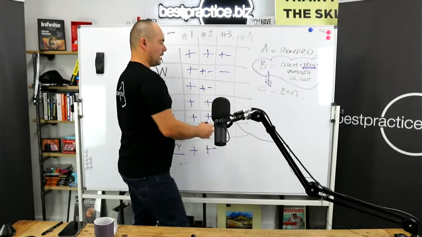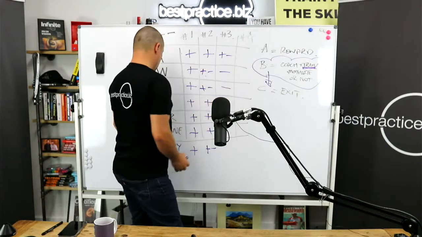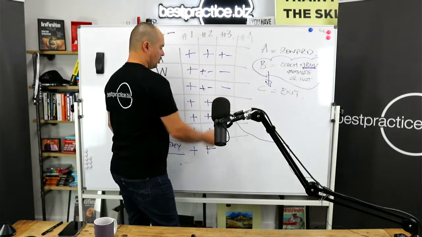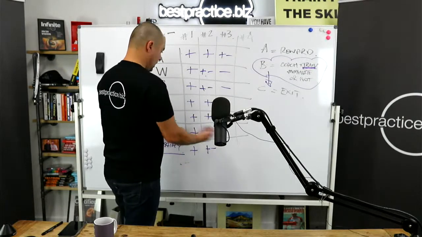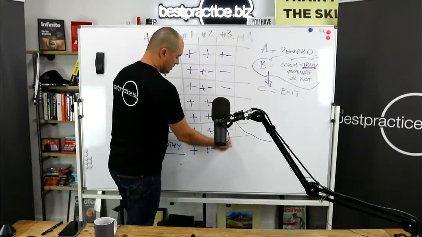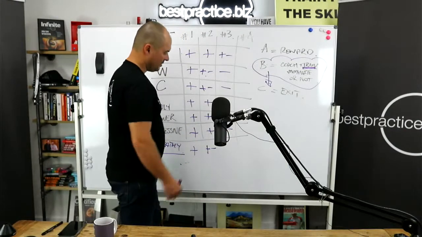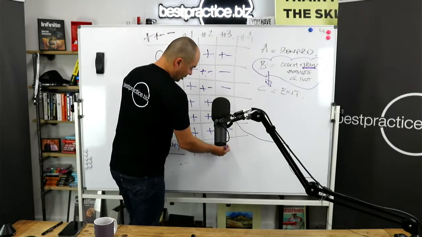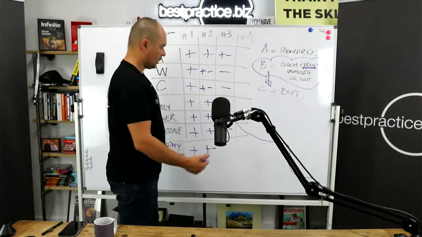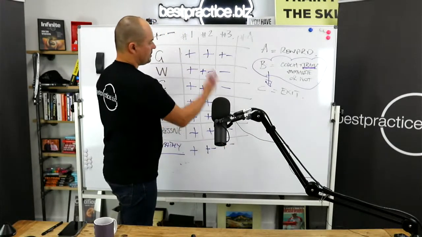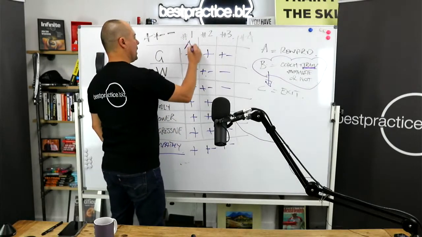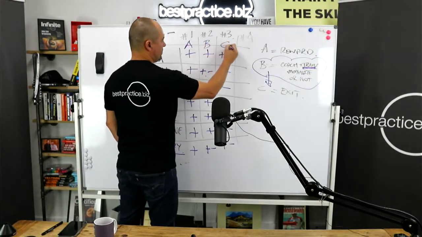No. Do they have capacity? No. Are they friendly? No, not all the time. Are they helping people? No, they've disengaged from the team. Are they progressive? Yes. Do they have empathy? Not really. But they're not a super negative person. They're not a narcissist. Let's give them a plus minus. That's a C player. So that's an example of an A player, a B player, and a C player.